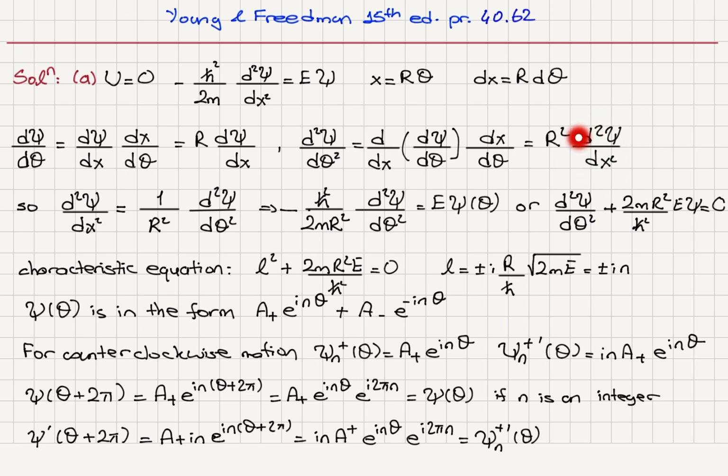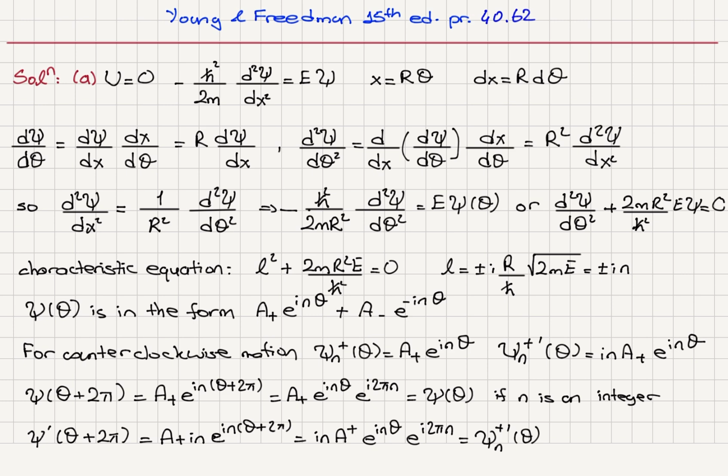So for this one, we substitute 1 over R squared d squared psi d theta squared, and we obtain the differential equation with the characteristic equation given here, which suggests we have two types of solutions, a plus e to the I n theta and a minus e to the minus I n theta. So I call this n equal to capital R over h bar squared 2mE.